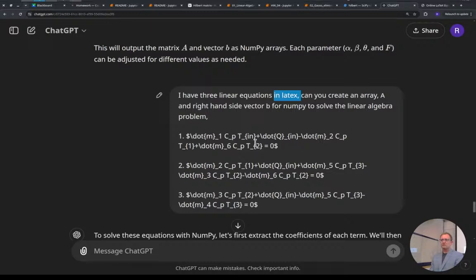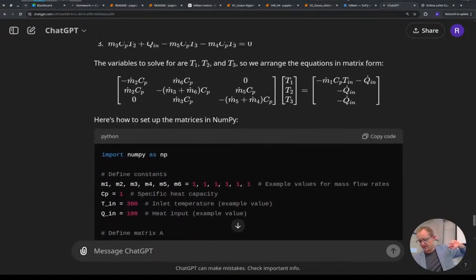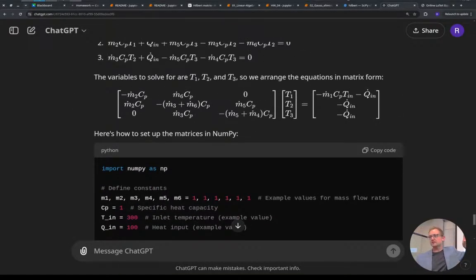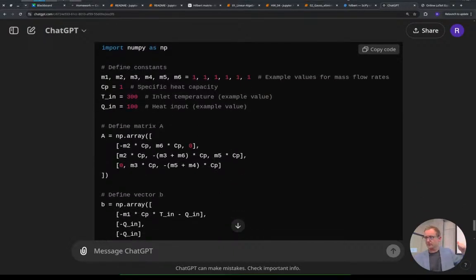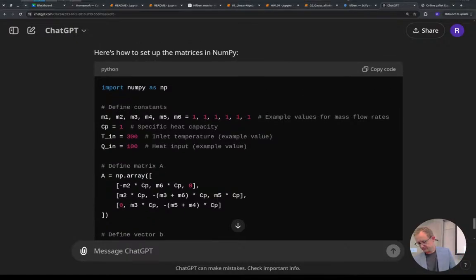But the more you can sandbox the answer, the more you get towards something that's actually usable. Here I'm specifically telling it I want NumPy to solve a linear algebra problem. So when it creates the answer, it's not just saying, okay, here's your matrix in another unusable form. No, I want to plug in values and solve this problem. Oh man, it even guessed that it was temperatures and heats too.